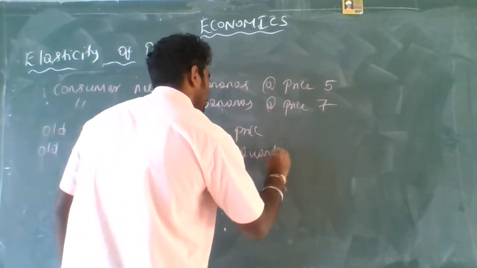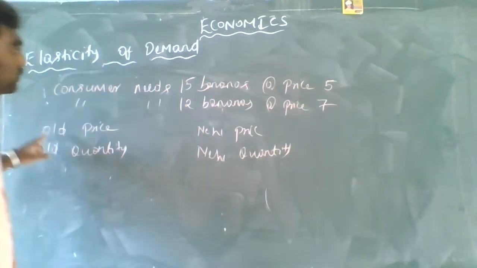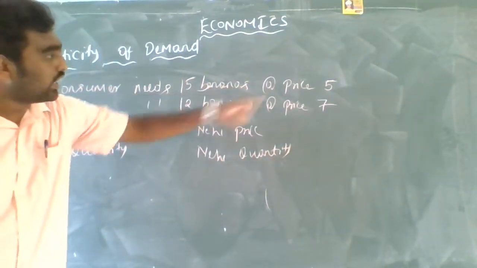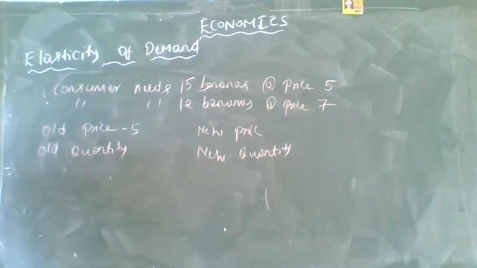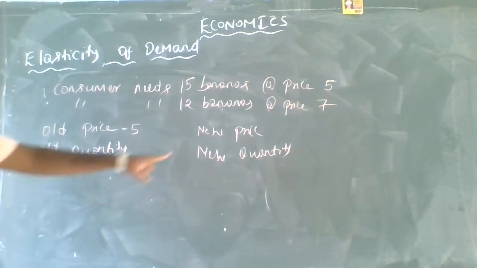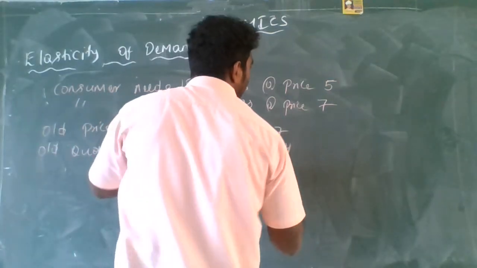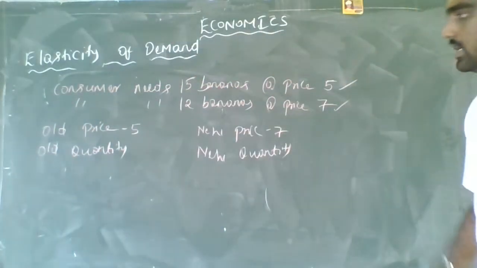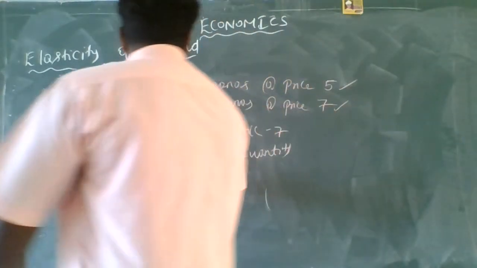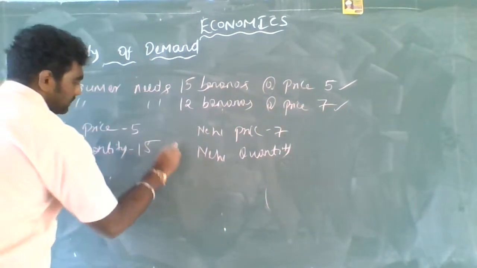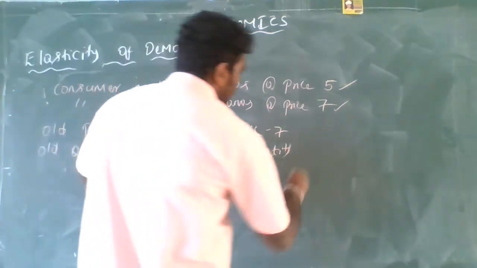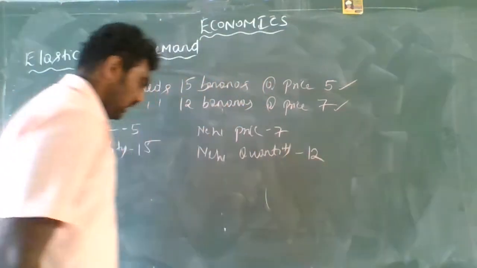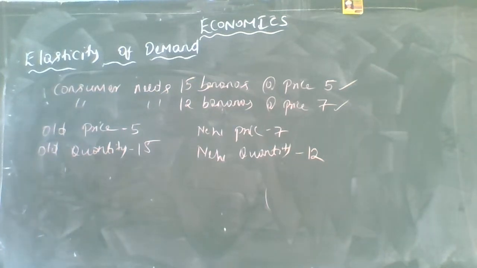The old price was 5 and the new price was 7. Next, the old quantity was 15 and the new quantity of bananas is 12.